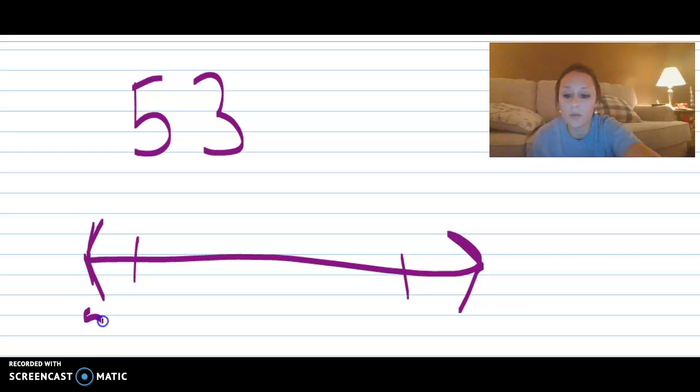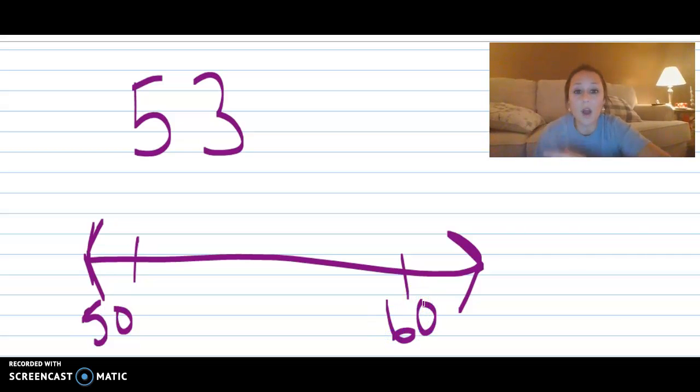Awesome. Hopefully you wrote it's between 50 and 60. Now on our baby number lines, we always remember that right in the middle of 50 and 60, or any number we have, 55 or 65 or 75, okay? But because we're between 50 and 60, our middle number is 55.